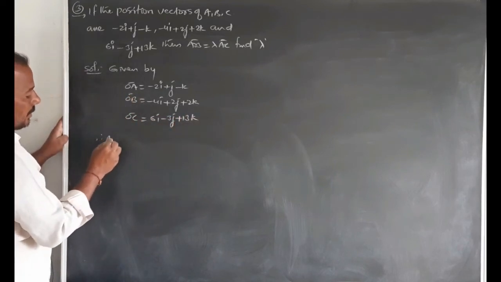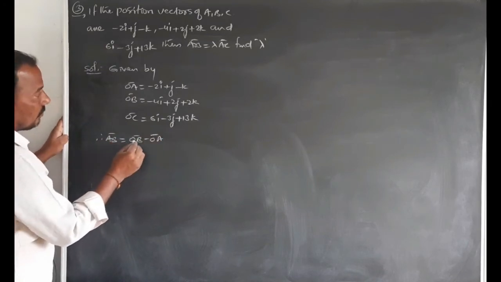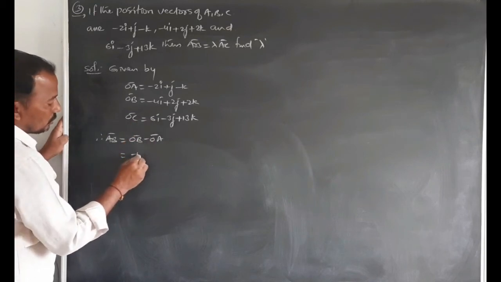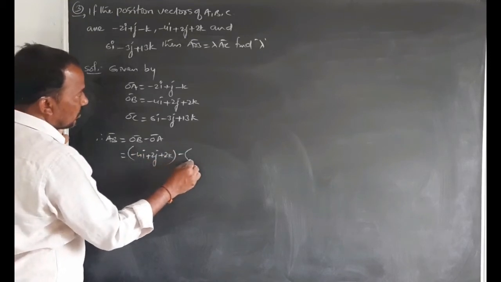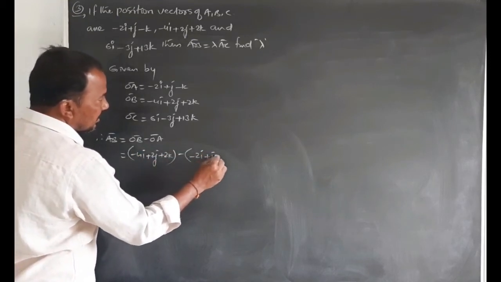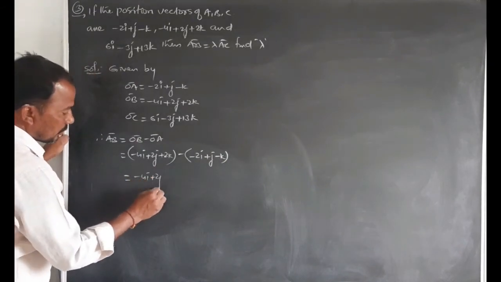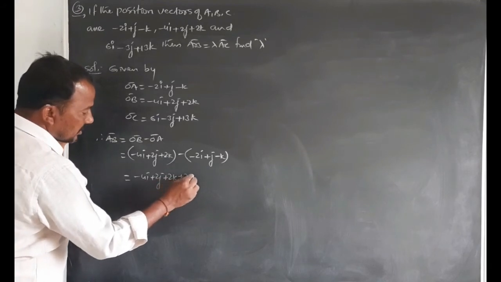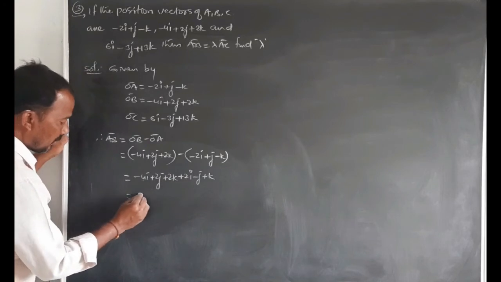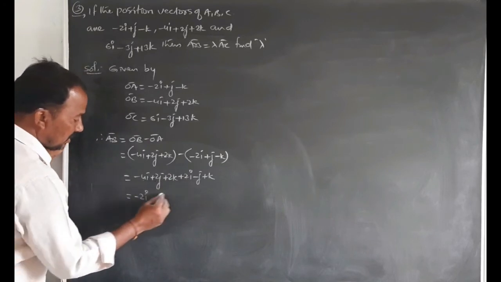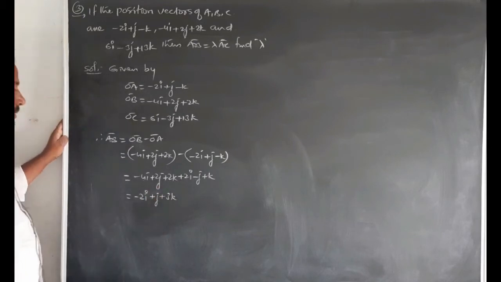So find AB. AB equals OB minus OA. What is OB? OB equals minus 4i plus 2j plus 2k, minus OA, that means minus of minus 2i plus j minus k. Minus 4i plus 2j plus 2k plus 2i minus j plus k gives minus 4i plus 2i, 2j minus j, 2k plus k, that is 3k.